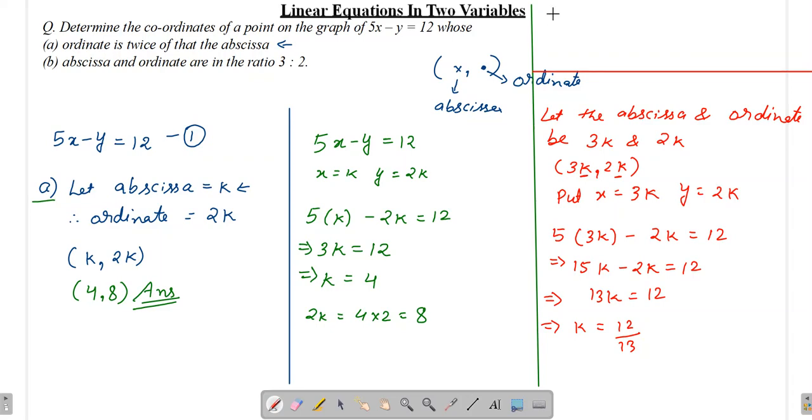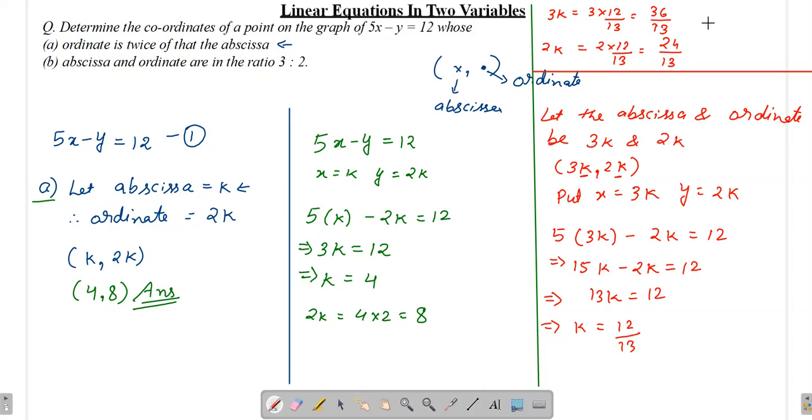So the coordinates were 3k, that is equal to 3 into 12 by 13 is equal to 36 by 13, and then 2k in the same way becomes 2 into 12 by 13, that is equal to 24 by 13.